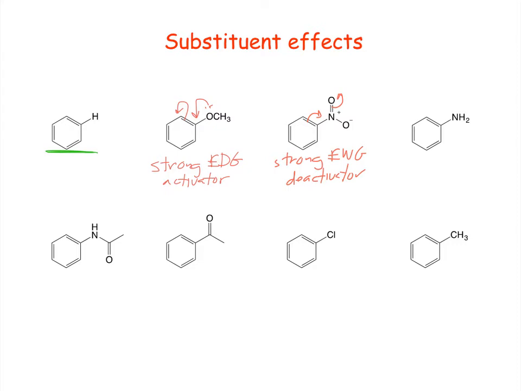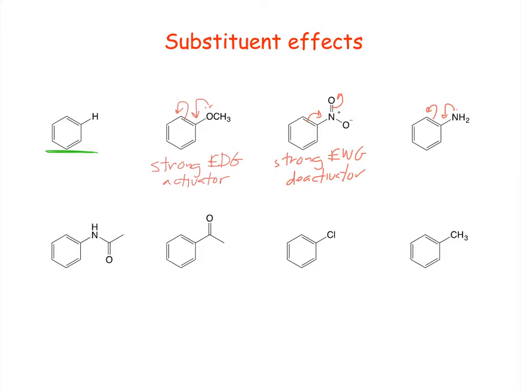All right, what about aniline? What about the amine? Donating. Do you think that that's going to be stronger or weaker donating than the methoxy group? Weaker? Why? Stronger because it would rather have a positive charge.